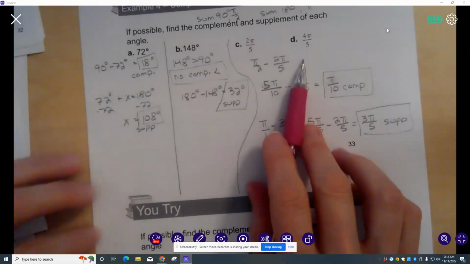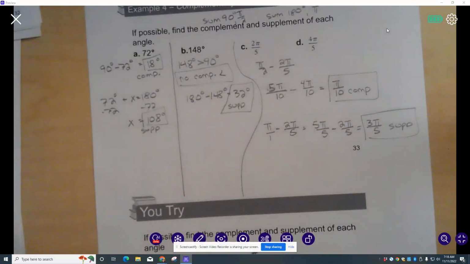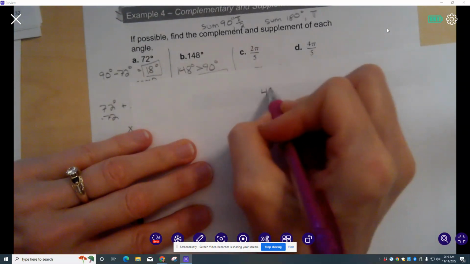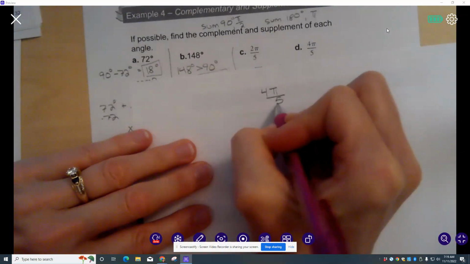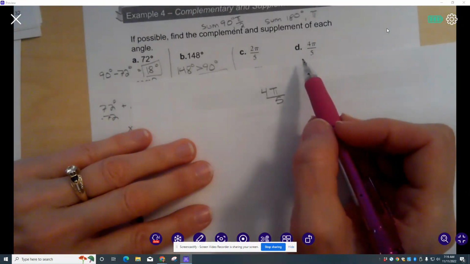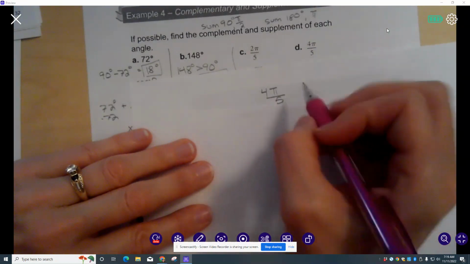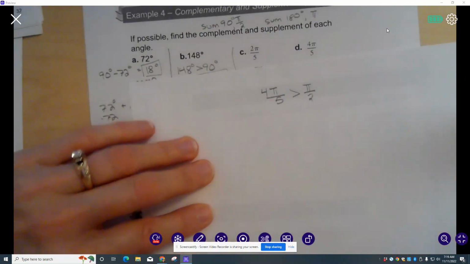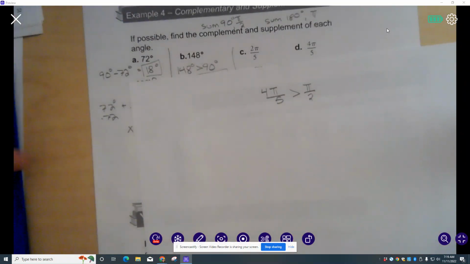Okay, I got one more here, 4 pi over 5. I'm just going to do this on a separate piece of paper. So 4 pi over 5. Now, 4 pi over 5 is greater than pi over 2. Let's see.